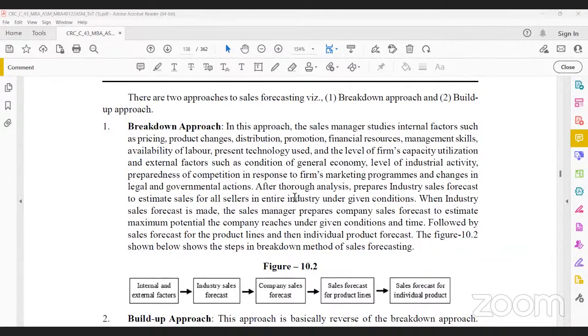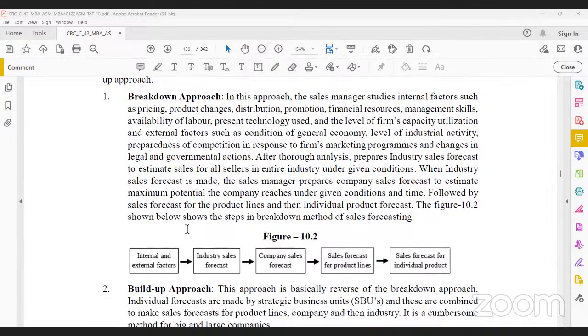After thorough analysis, they prepare an industry sales forecast to estimate sales for all sellers in the entire industry under given conditions. So these are some figures you can see there. The salesman can study both internal as well as external factors. After that, they can study the industry sales factors.